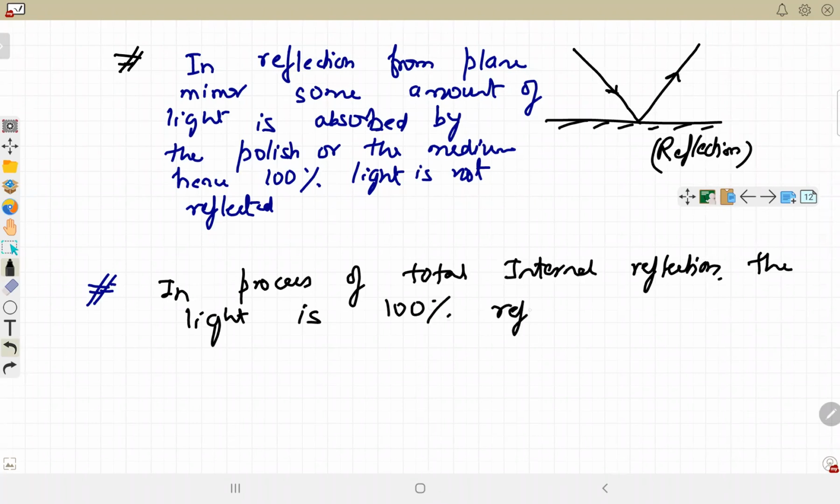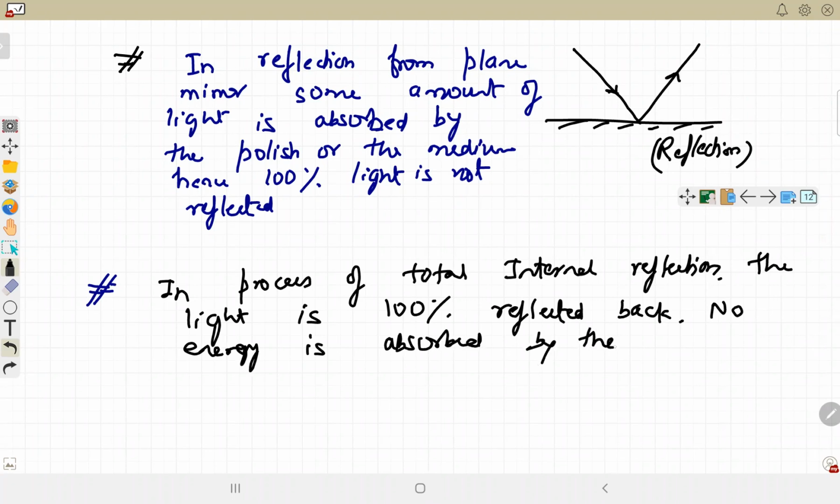No energy or intensity is absorbed by the surface. That is why it is called total internal reflection. And because of this phenomenon, it is used in many optical devices like binocular, periscope, camera.